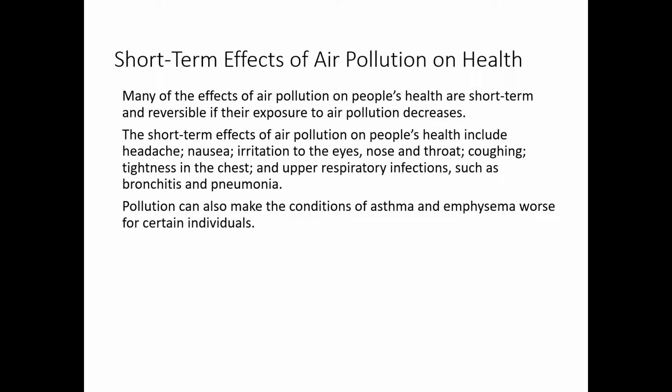So, some short-term effects of air pollution on health. There's a lot of short-term effects, like headache, nausea, irritation, coughing, bronchitis, pneumonia. And the good thing is that these short-term effects can be reversed if you can decrease the air pollution.